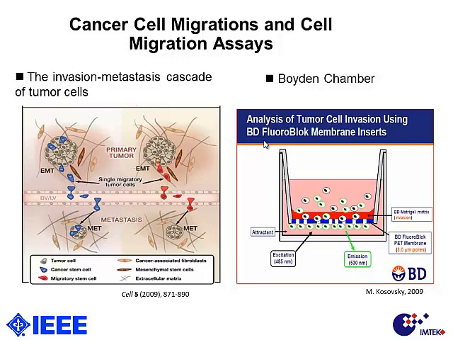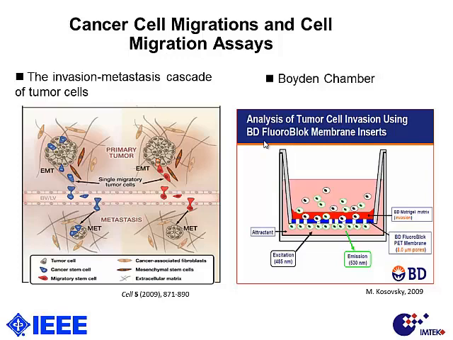In the lower compartment, they put some attractant. The cells move down through the holes here, and with this device, after the cells move through, they count how many cells can pass through the holes.